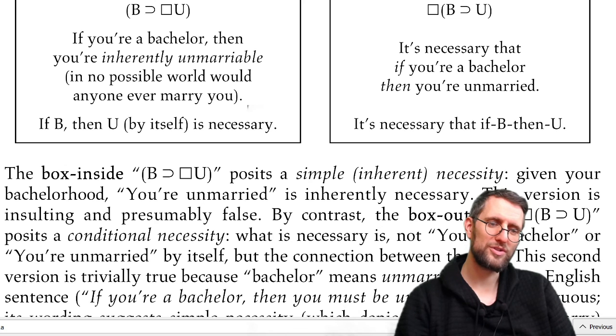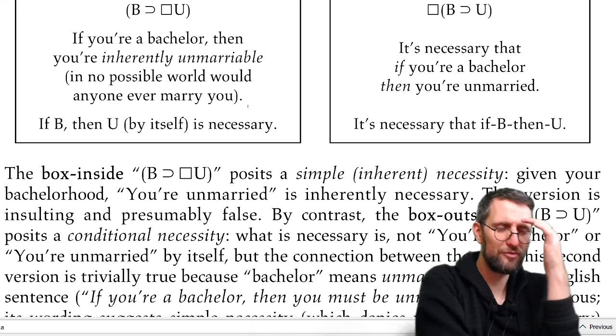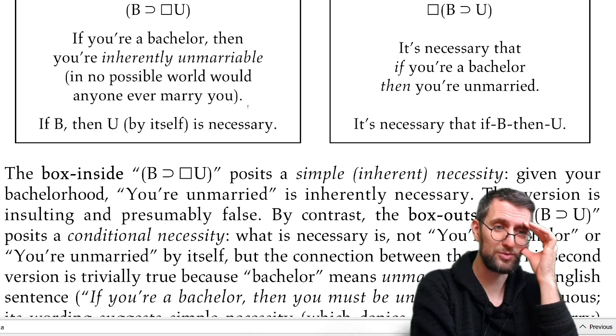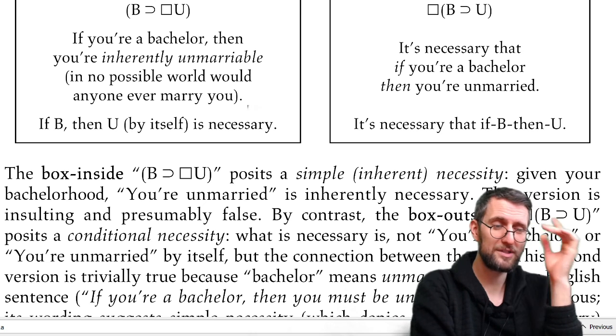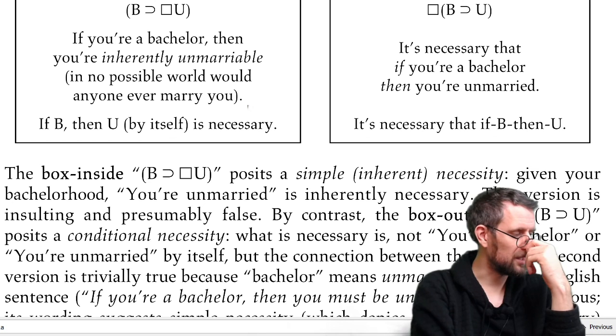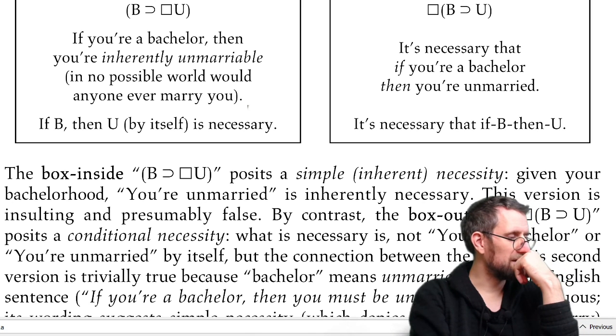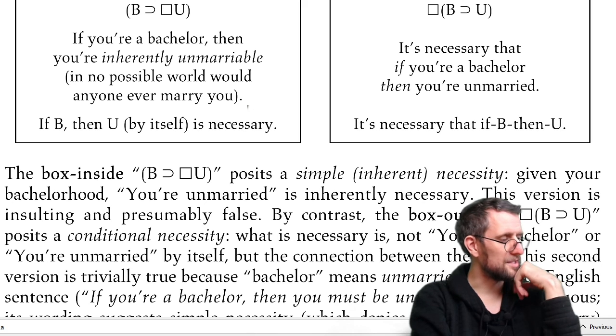This second version is trivially true because bachelor means unmarried man. And how is that with rain? It just establishes a connection between the two, right? What is necessary is not that you're a bachelor or you're unmarried by itself, but the connection between the two. Or when there's rain, it entails precipitation. So the connection is necessary.